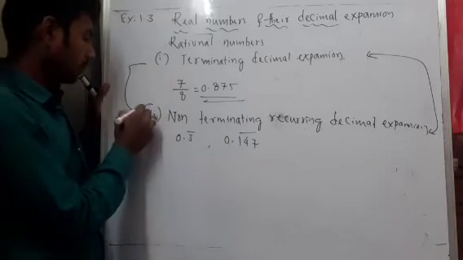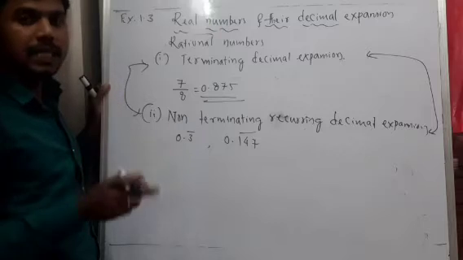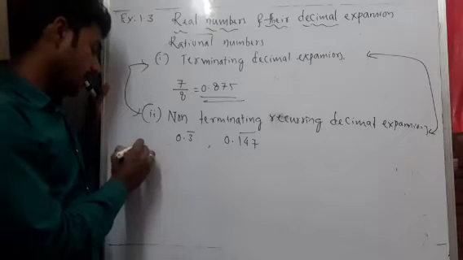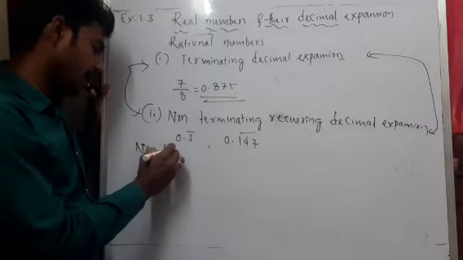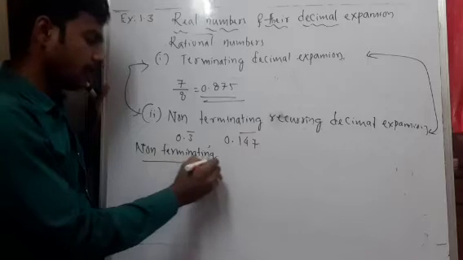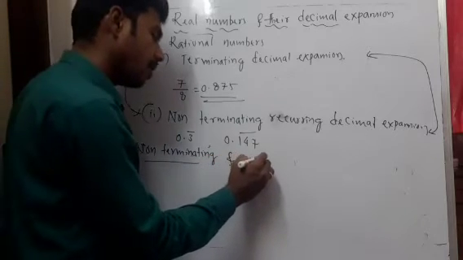What if the decimal expansion is non-terminating and non-recurring?